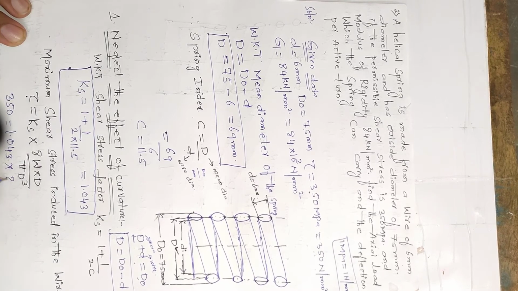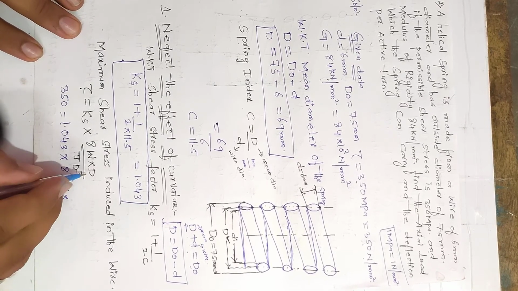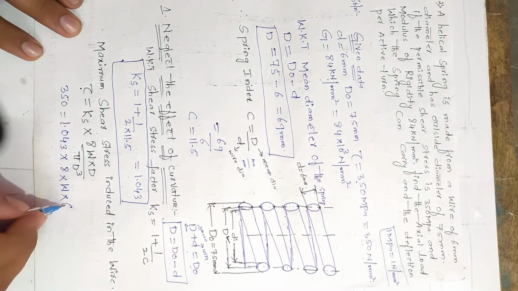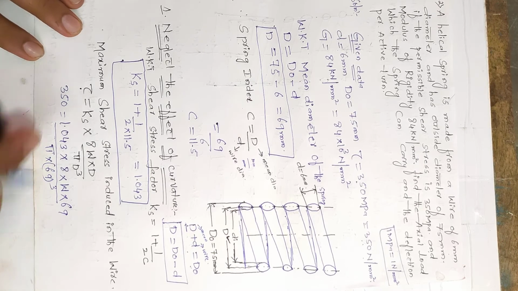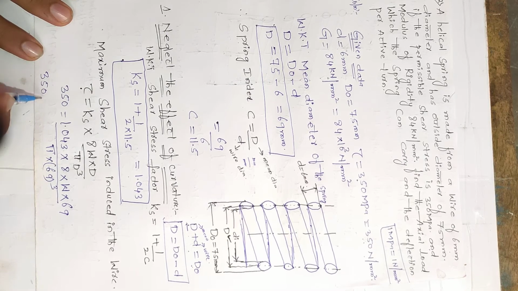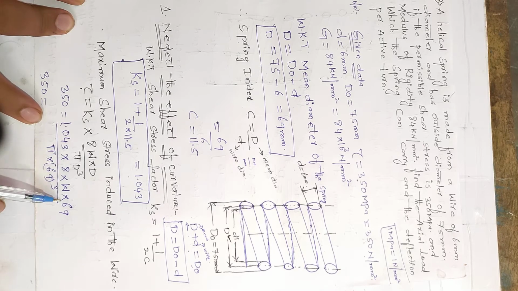1.043 into 8. So what is the value of W? Because we don't know the value of W, we need to find it out. Is it right? So I will write here W into D, nothing but the mean diameter. How much did we get here? 69 mm, by pi into D, 69 mm whole cube. If you calculate with the help of a calculator, you need to calculate in this way: 350 equals 1.043 into 8 into 69 divided by 3.142 into 69 whole cube.